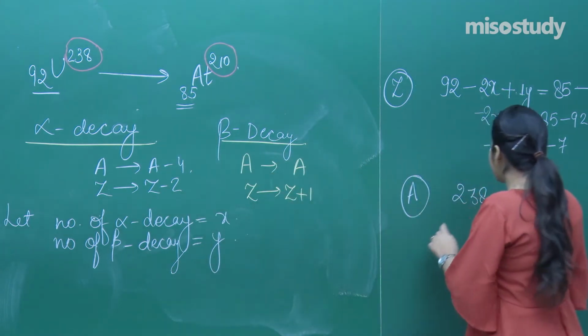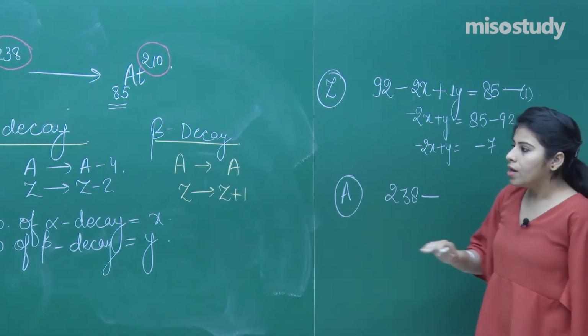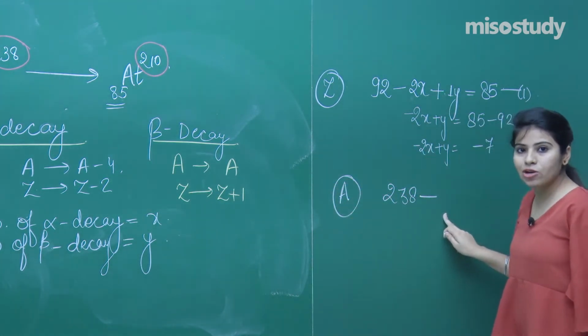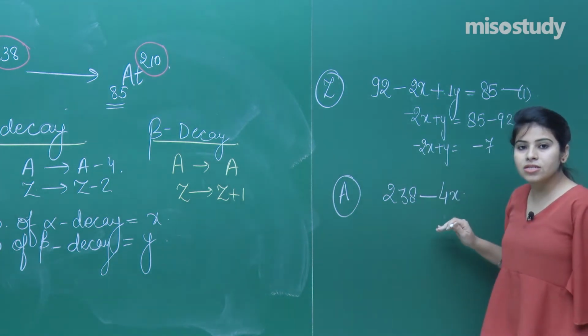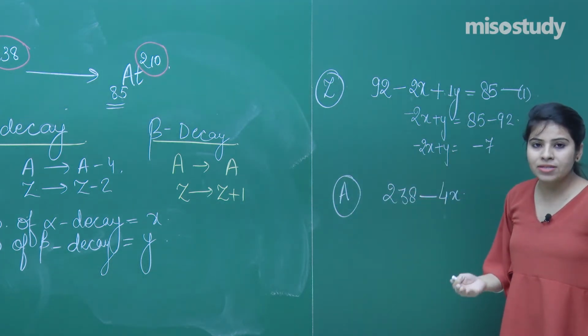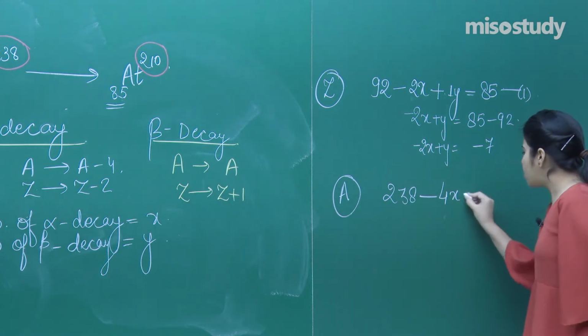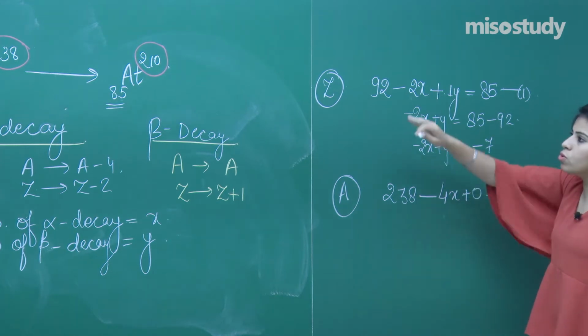So we write 238 minus 4 into x, plus 0 because there is no change, equals 210.